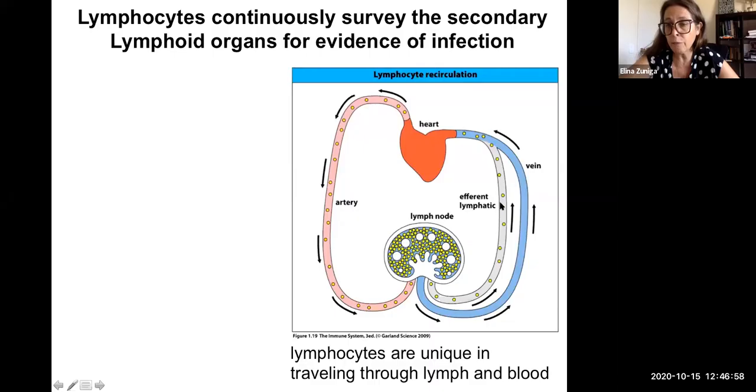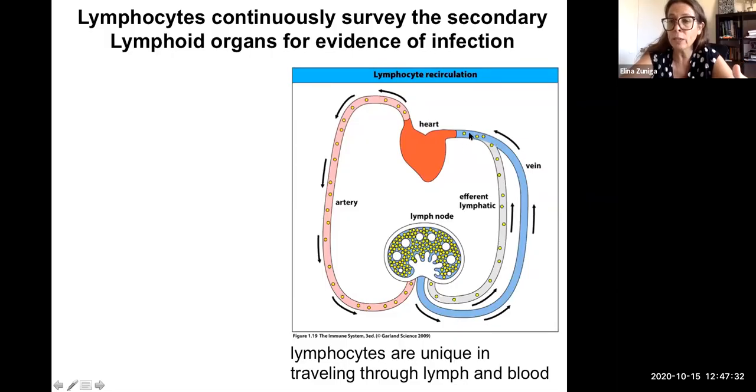And then these efferent lymphatics will continue through all the lymphatics in the body, and this may imply searching and surveying other lymph nodes that are part of this lymphatic system until they reach the thoracic duct that will return the lymph into the circulation, specifically at the subclavian vein.